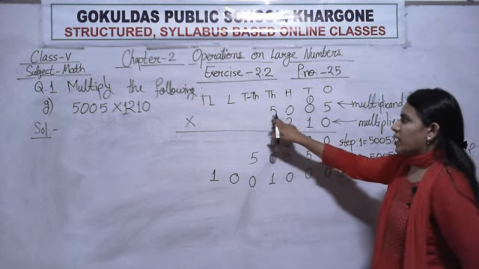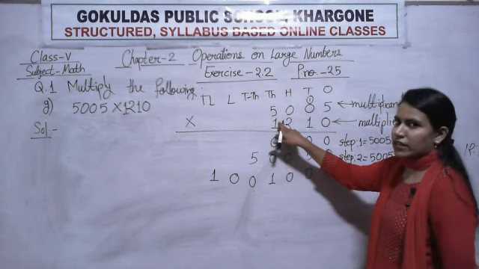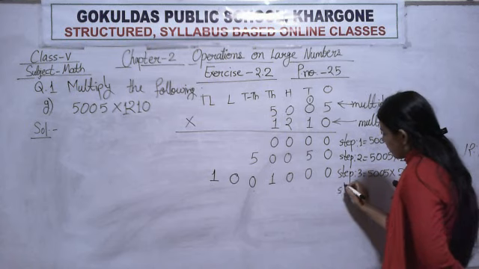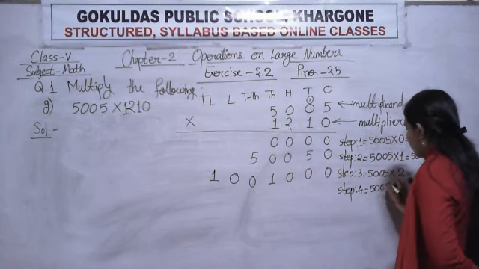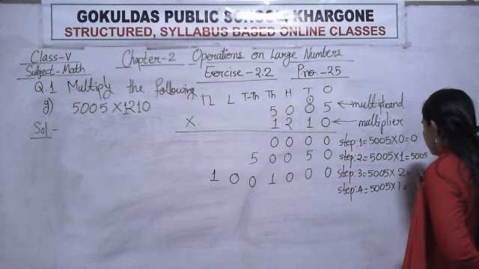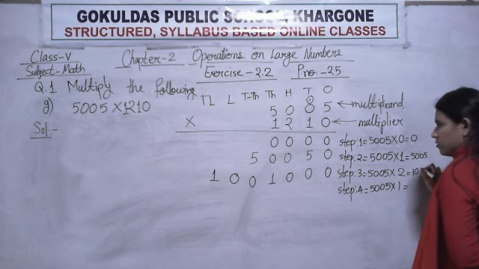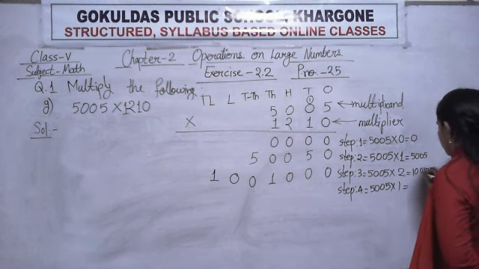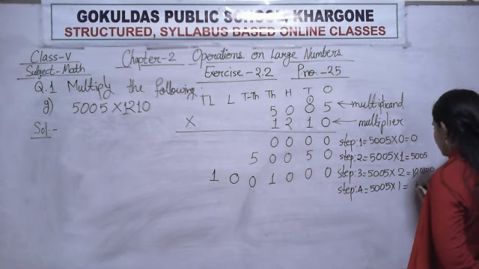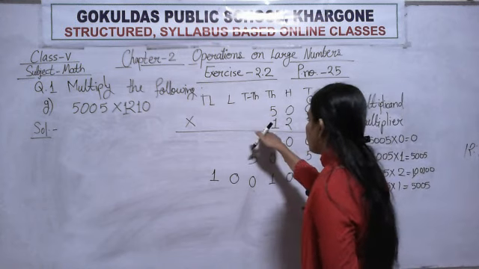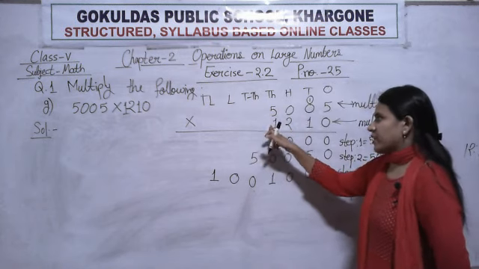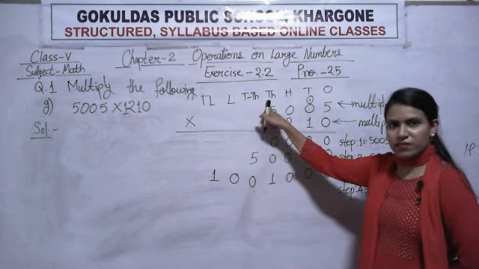Now you have to multiply 5005 by this 1. It is step 4. 5005 multiplied by 1. Now multiply. First observe that this 1 is at thousands place.